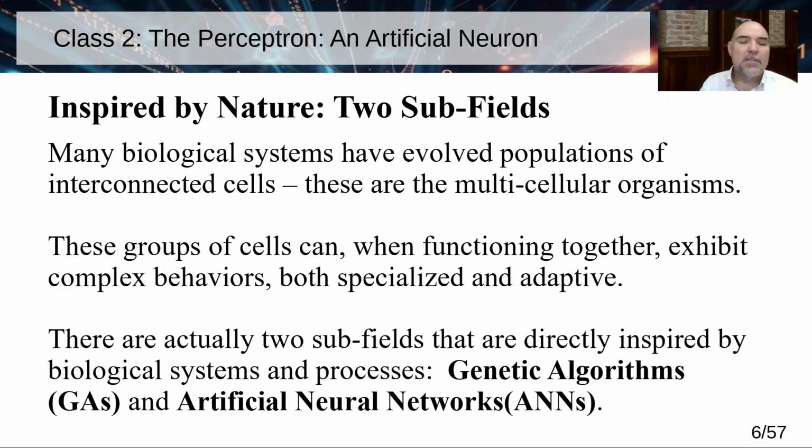Biological systems evolved populations of interconnected cells to get multicellular organisms. And some of those cells ended up as groups functioning together to exhibit complex behaviors, some of which are specialized, like organs, and some of which can adapt and learn and change their behavior over time. And you can see that not just with our brains, but other parts of our bodies, like your muscles.